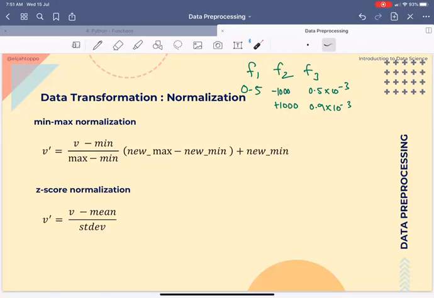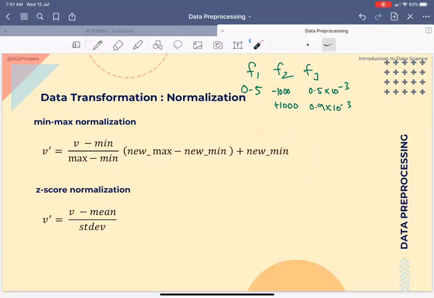So my model will totally ignore F1 and F3 and give all importance to F2, which may not be what I want. These would be the true ranges of my data, but my model will not understand that. So one way of solving that is to take representations of this data into a similar scale. We convert all of them into the same scale.